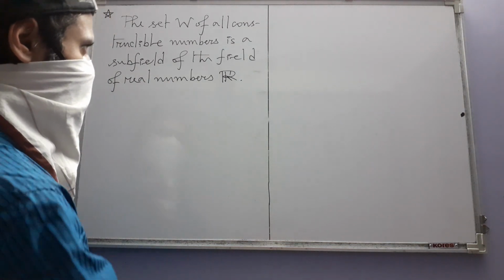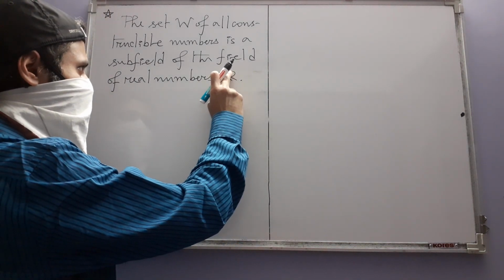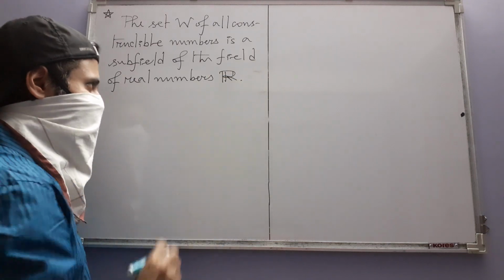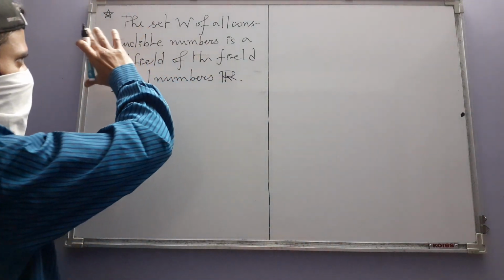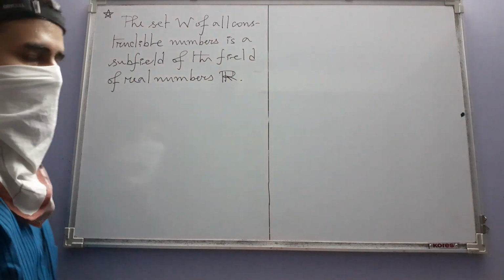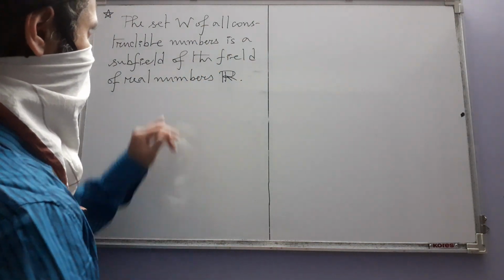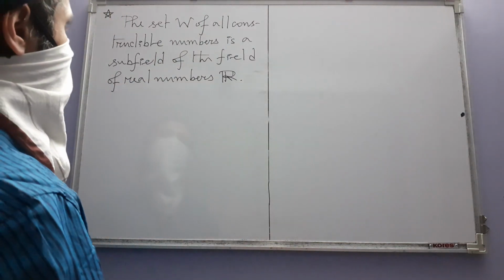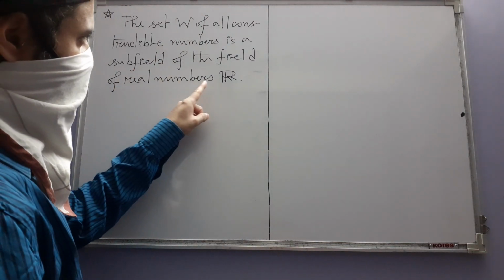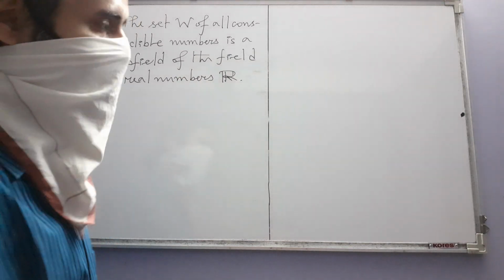Okay, so all those things, that this set is closed under the formation of sum, difference, product and quotient, can be summarized like this by declaring that the set we are calling the set of constructible numbers W becomes a subfield of the field of real numbers.